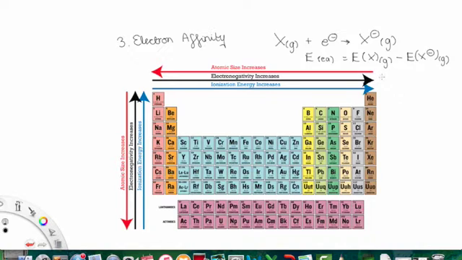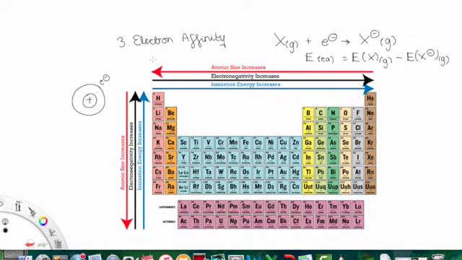If you need to remind yourself, you can go back to when we talked about atomic size. With a larger distance between the negatively charged electron and the positively charged nucleus, which is what we keep talking about, the electrons are negative, compared to the force of the attraction, it's relatively weaker, and therefore electron affinity decreases.